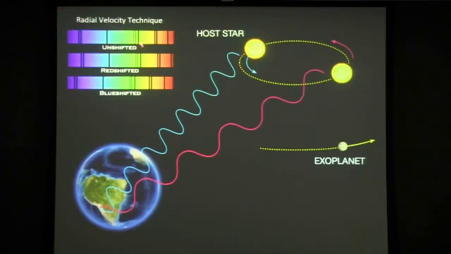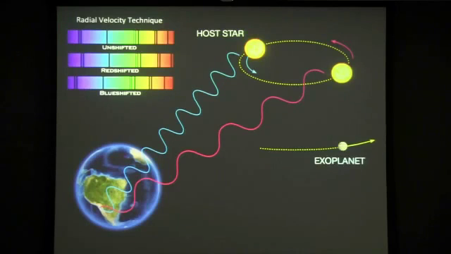And up here in the top left, you have a top panel where you see the spectrum from a star with the lines in it. And it's got those dark lines which are labeled as unshifted. And when the star is moving away from us, those lines are red-shifted. So all those lines are shifted a little bit to the right, toward the red. And when the star is coming toward us, all those lines are shifted a little bit to the left, toward the blue.